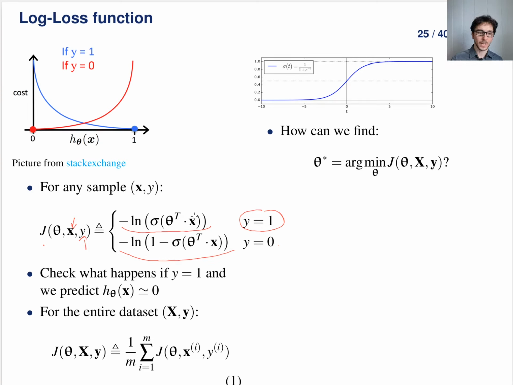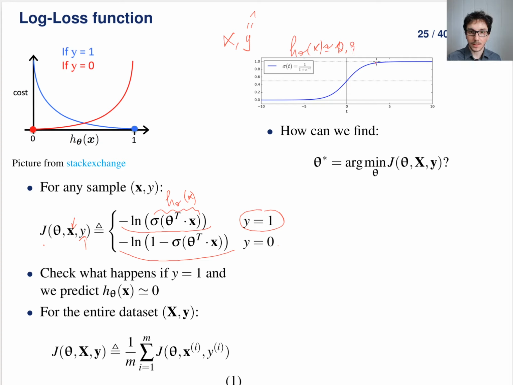So to understand the logic behind it, suppose you have a sample x whose true class is 1. And suppose that your approximation function, that is sigma of the scalar product of theta multiplied by x, is something like 1 or very close to 1, let's say 0.999.